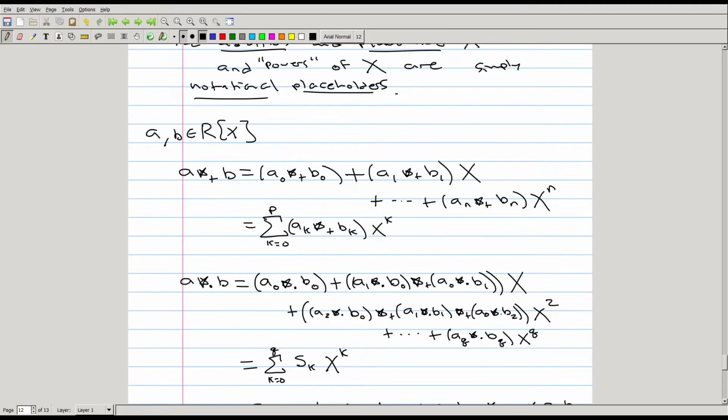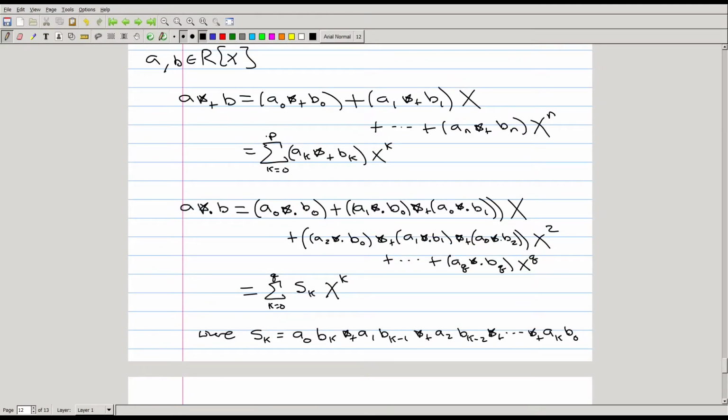And I also want to make a note here. The endings of both of these sums are going to depend heavily on the number of terms in each one of them.